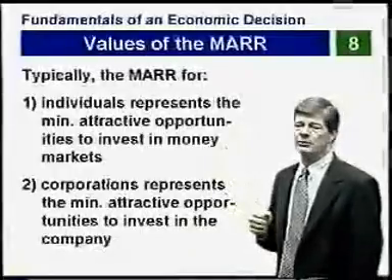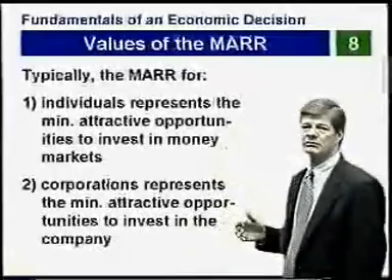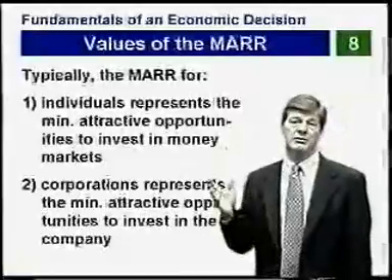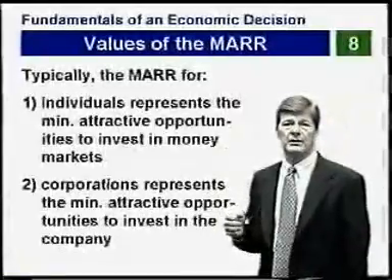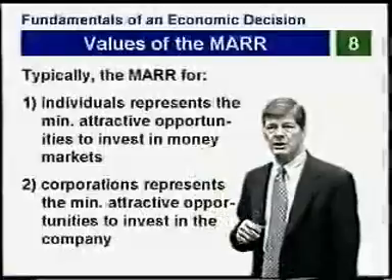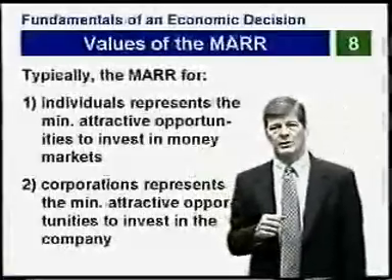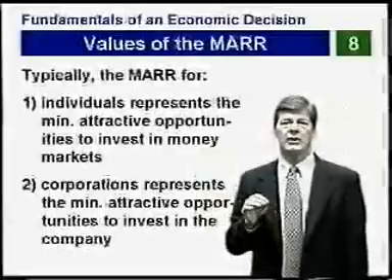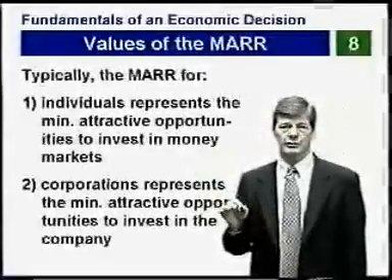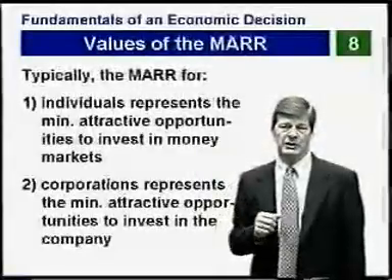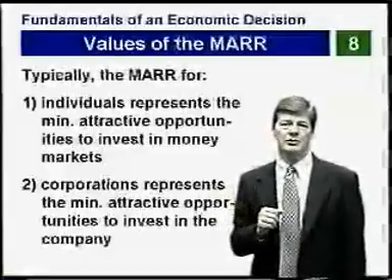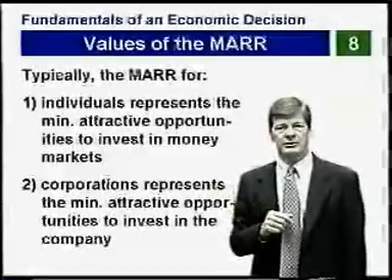A typical range would be something on the order of, say, 10% to 15%, in some cases maybe as high as 20%. In either case, the concept is the same. That is, the minimum attractive rate of return represents the minimum attractive opportunities that are readily available to you to invest your funds, and it represents the standard by which we will compare our opportunities.